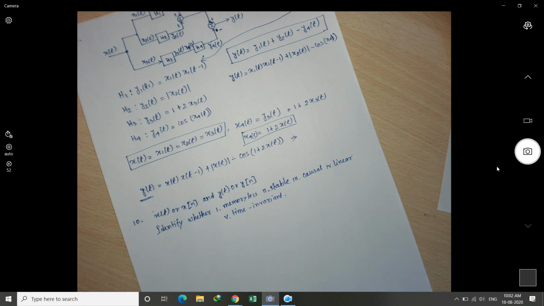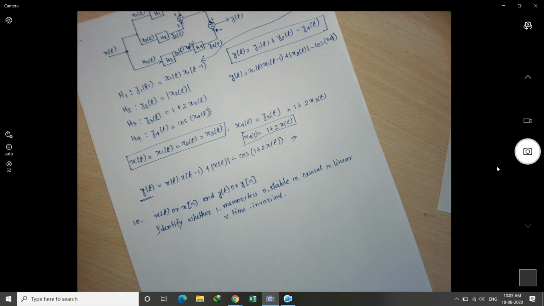Then stable system. Input bounded, output is also bounded. This is the BIBO system, bounded input, bounded output.